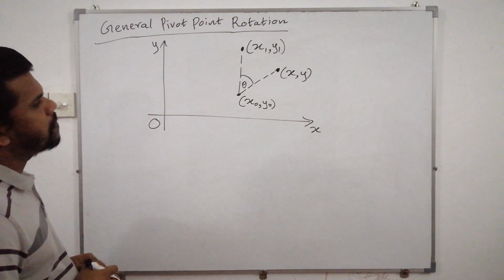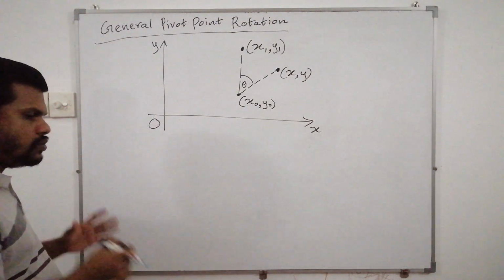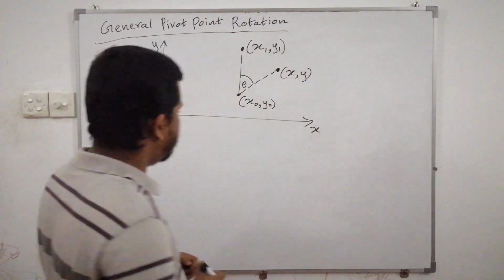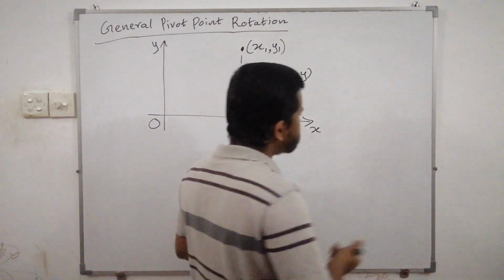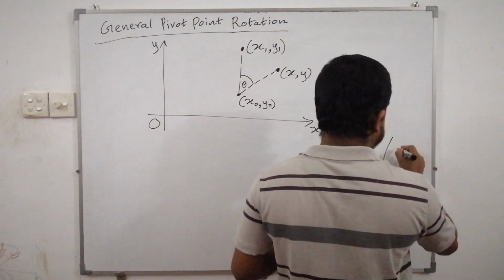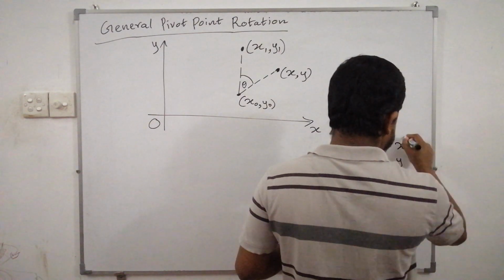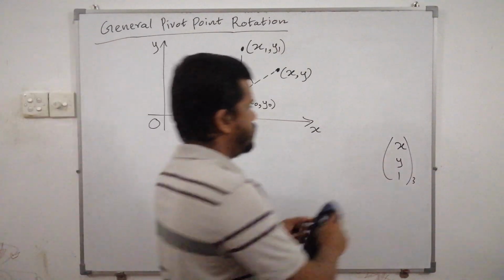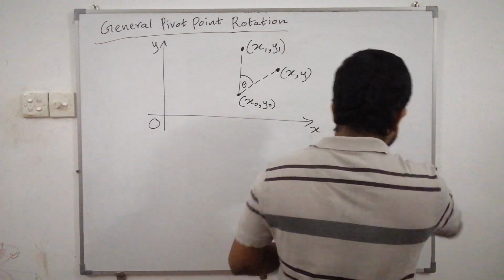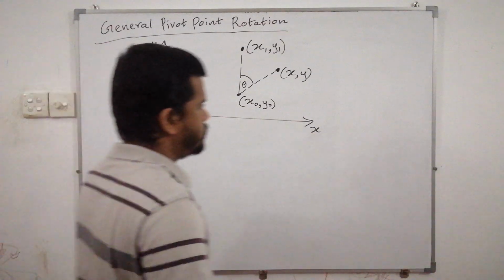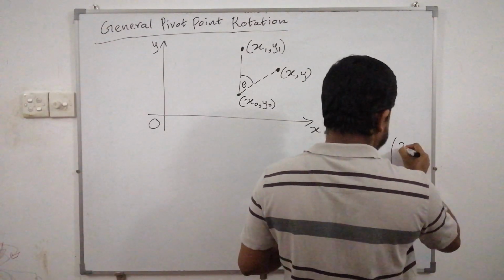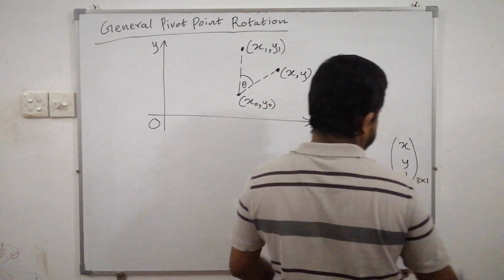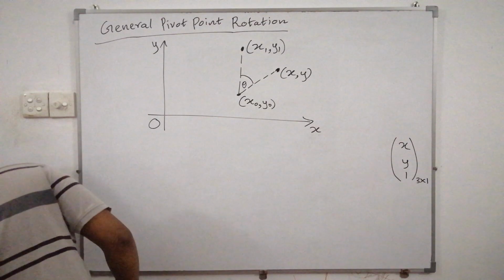So in order to do that, let's use the matrices we have derived so far. Now this one, 3 cross 1.